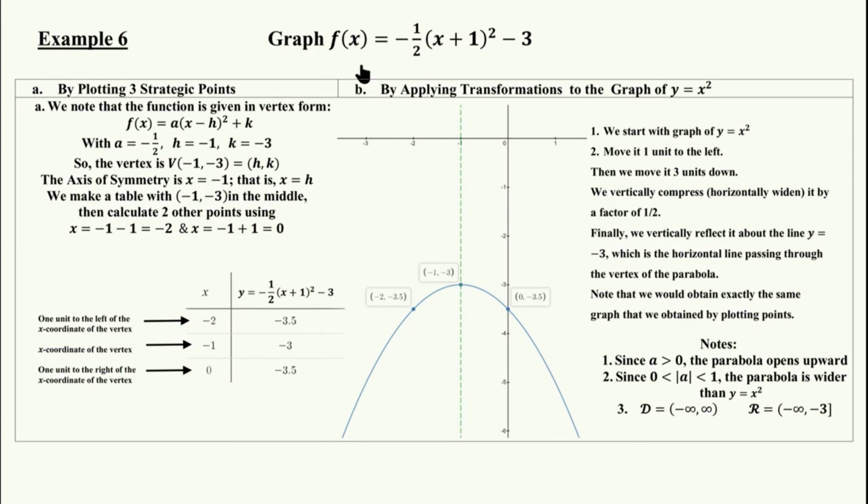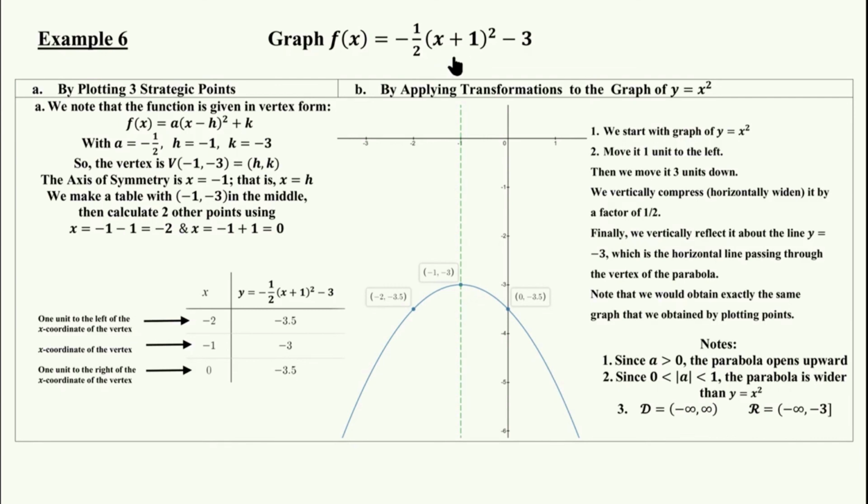Now, if we don't look at any points, we just want to say, all right, start with the graph of y equals x squared and then do what to it to get this graph. All right, so we'll first start with the horizontal shift. Now we know that this is x plus 1, and we know that means a shift of 1 unit actually to the left when it's plus, right?